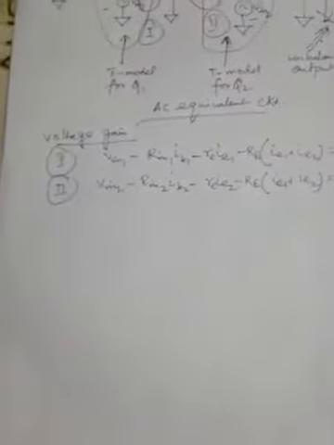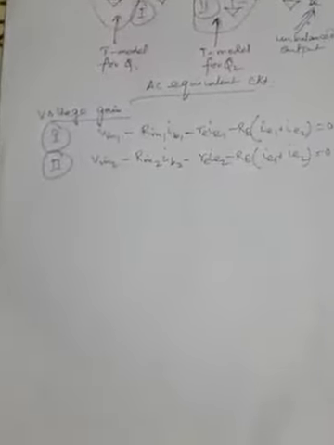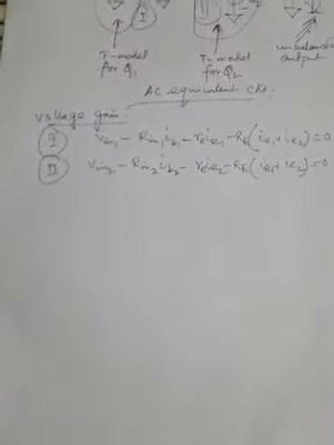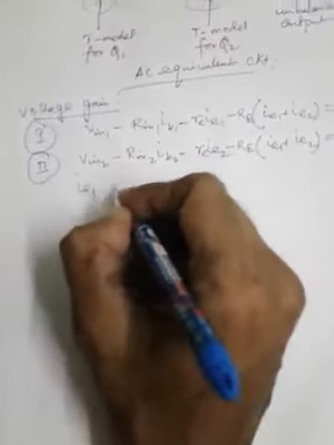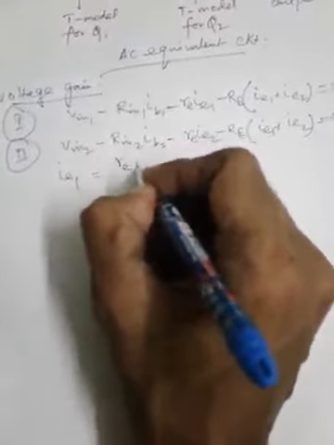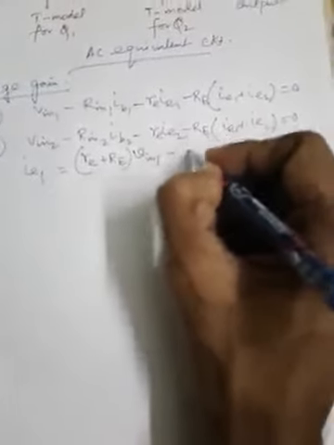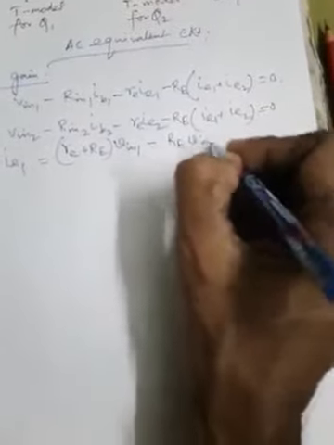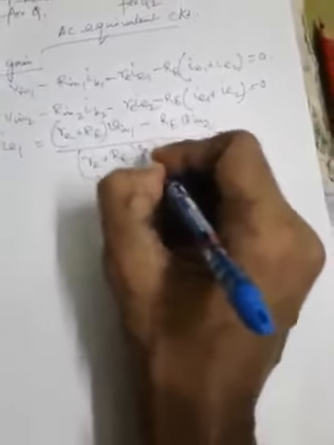Now since these equations are the same as we have written in the previous configuration, the expressions for IE1 and IE2 will be the same as we have derived for the balanced output configuration. We can write them straight away without deriving once again. IE1 was given by (RE plus small re plus capital RE) into V in 1 minus capital RE V in 2, divided by (small re plus capital RE) whole square minus capital RE square.